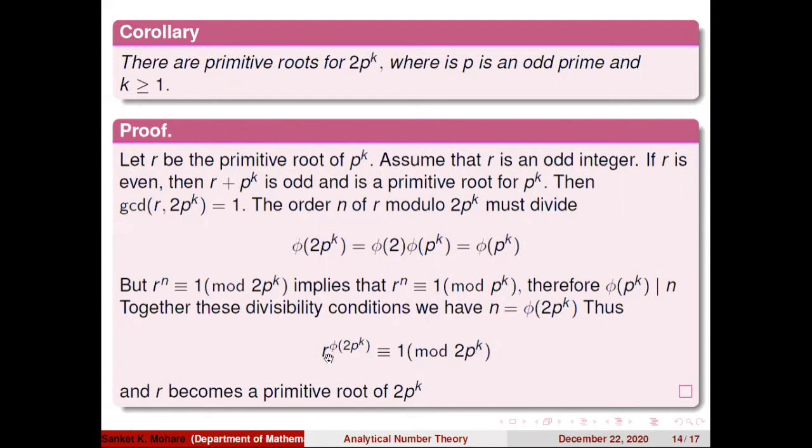And as gcd of r and 2 times p to the power k equals 1, and r to the power phi of 2 times p to the power k is congruent to 1 modulo 2 times p to the power k, by definition of primitive roots, r becomes a primitive root of 2 times p to the power k. This completes the proof for the corollary.